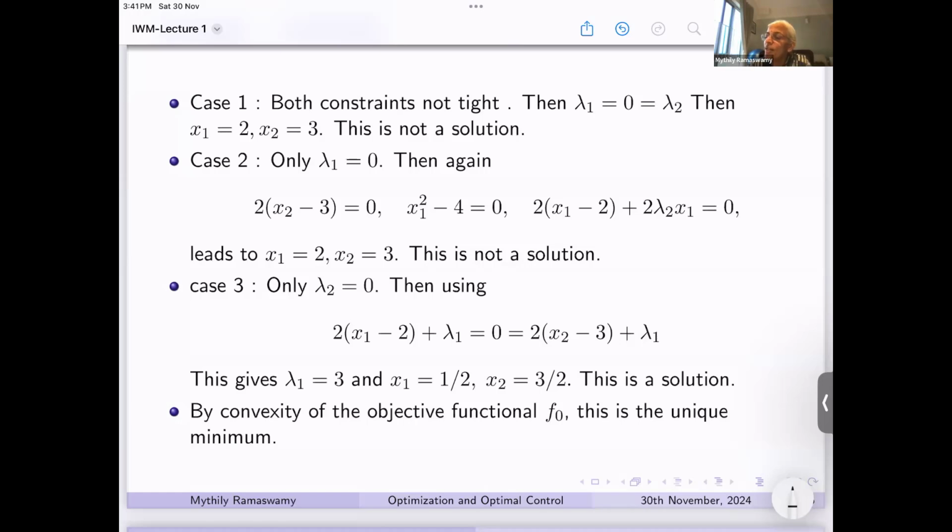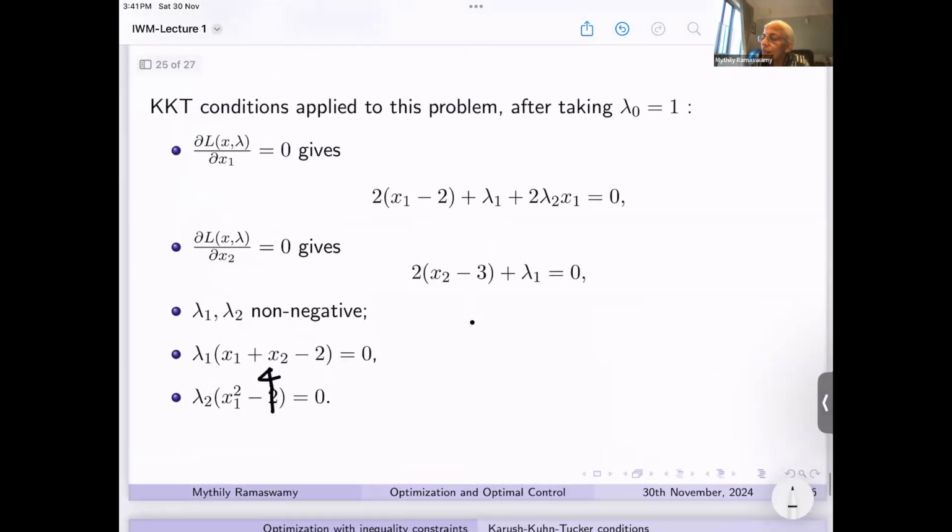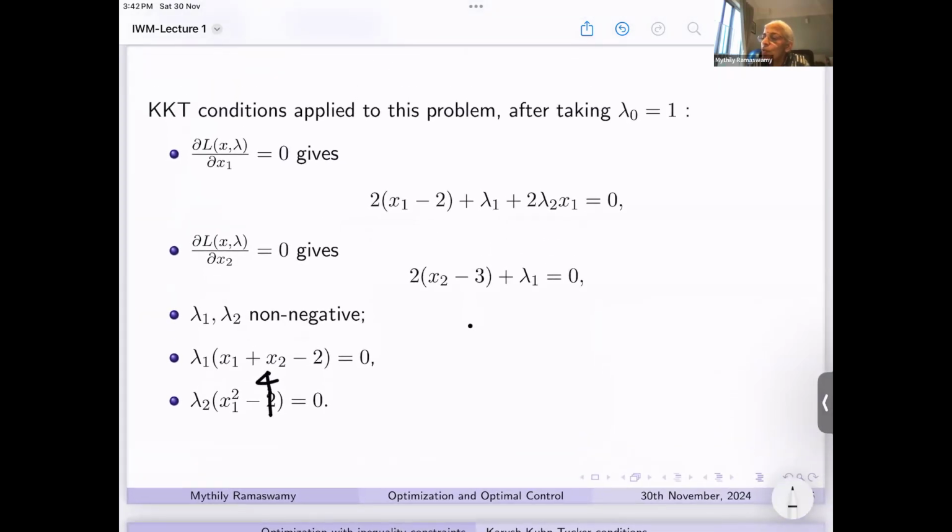So let us go to the next possibility, which is lambda 2 is 0. When lambda 2 is 0, this term won't be there. I will have 2 into (x1 minus 2) plus lambda 1 is 0 and the next. So what I could do is try adding them up, because for x1 plus x2 minus 2, I know something, so I could use that.